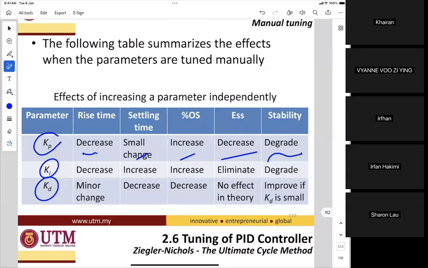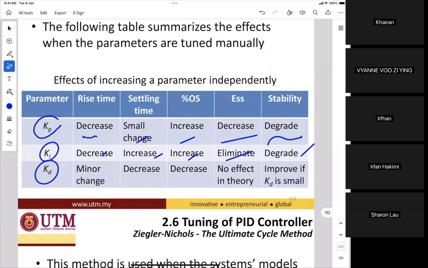When using Ki, it decreases the rise time, increases the settling time, increases the overshoot, eliminates steady state error, which becomes zero, and degrades stability. For Kd, there is some minor change of the rise time, decreased settling time, decreased overshoot, no info on the effect on steady state error, and stability will be improved provided a small Kd is used.